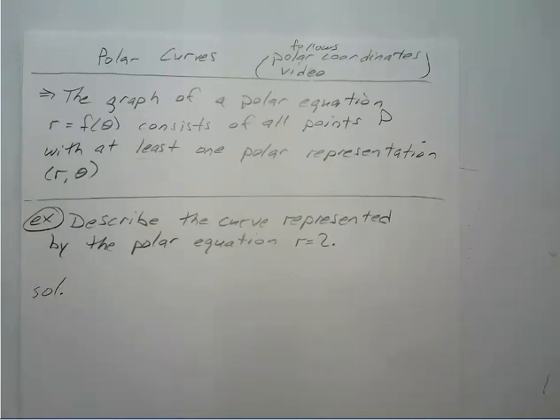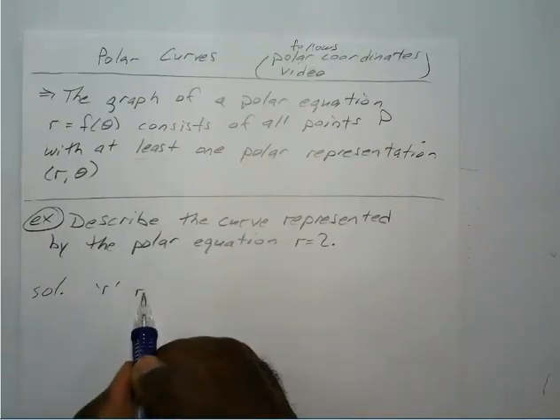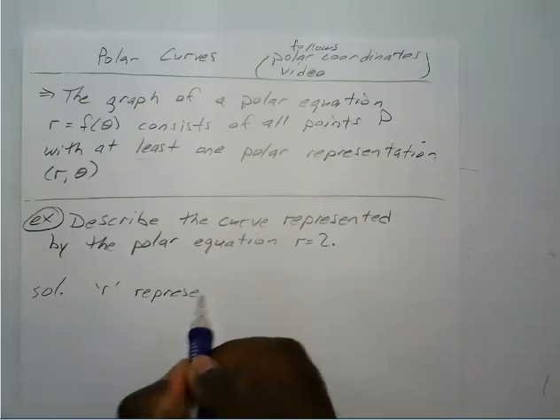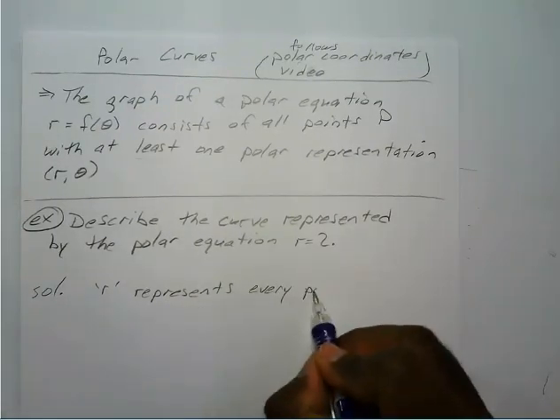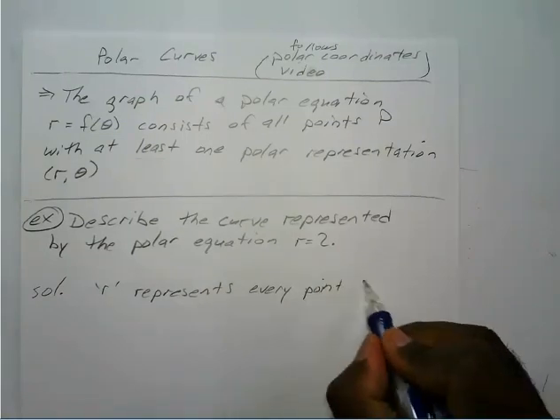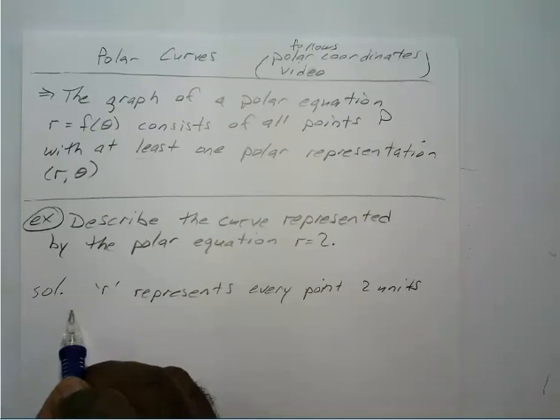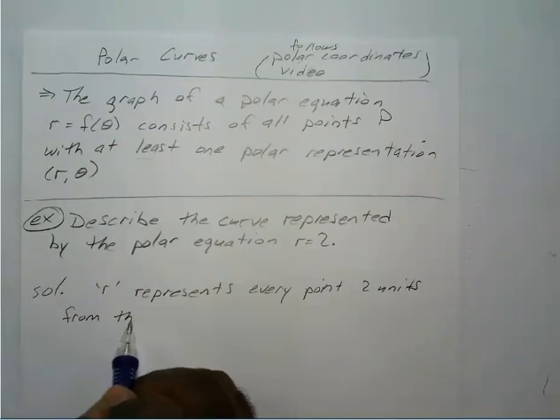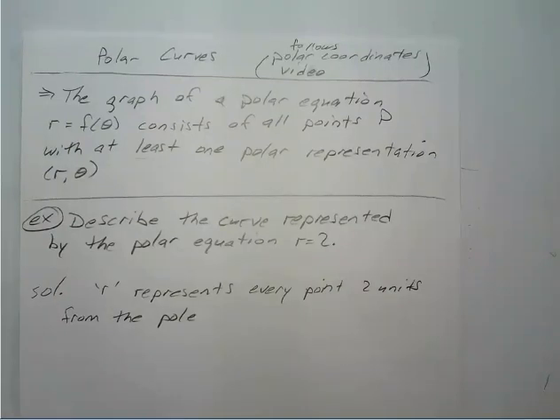So remember, r represents every point 2 units from the pole. Remember the pole is just the origin.